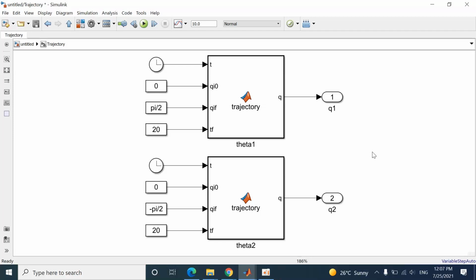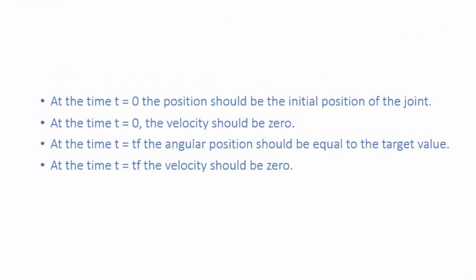For example, at the start, the joint position is at the initial position and the velocity is 0. At the target point, the velocity is also 0 because we want the robot to stay at that position. The derivative of the trajectory with respect to time determines the velocity of the joints. So four conditions to be satisfied are: at time t equals 0, the position should be the initial position of the joint.